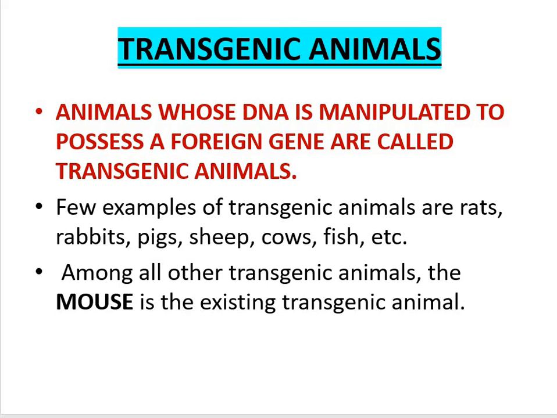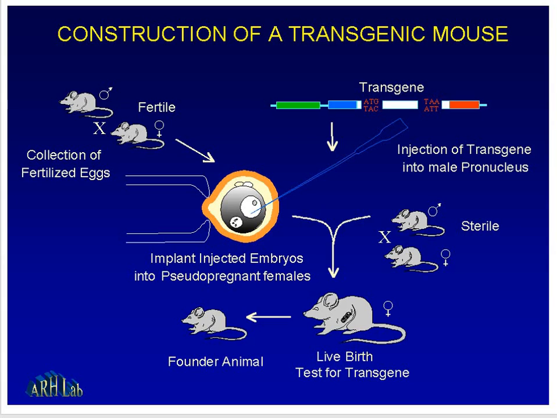So we can see in this picture, students, that a transgene is injected inside an organism which is mostly a mice. Mice are used in a lot of research, and hence here an example of mice is shown, but however various types of animals can be used.